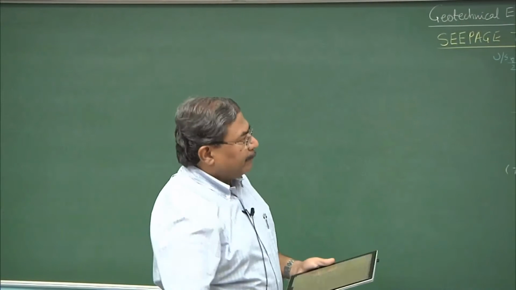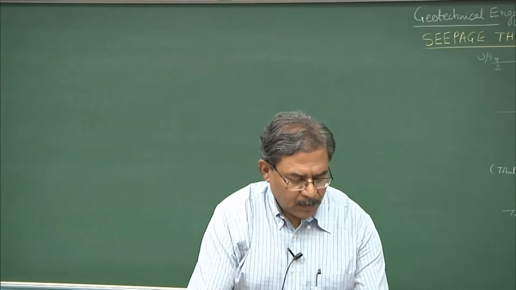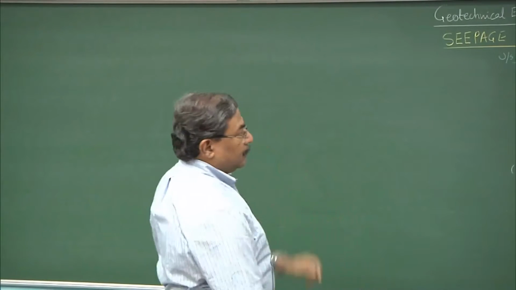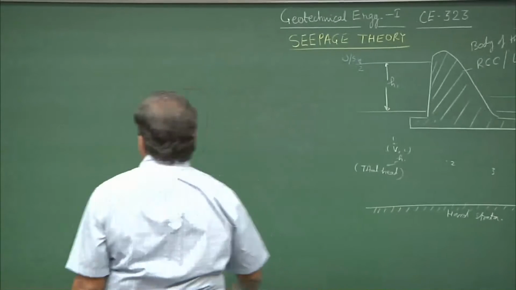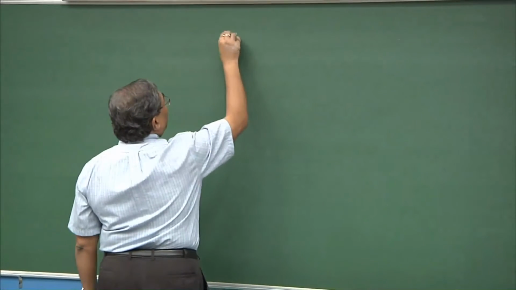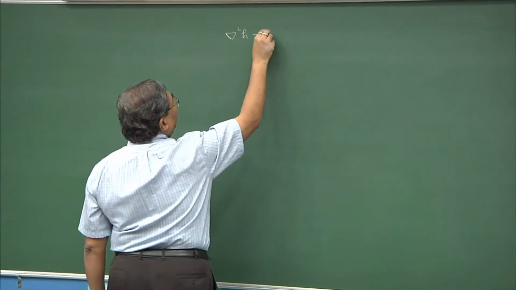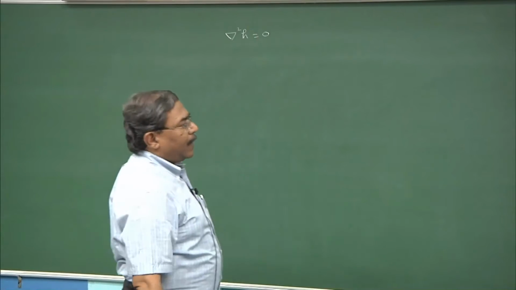Now, if I play with this equation, there are two ways of interpreting this. Now, H happens to be the total head which is causing flow to occur in this case.